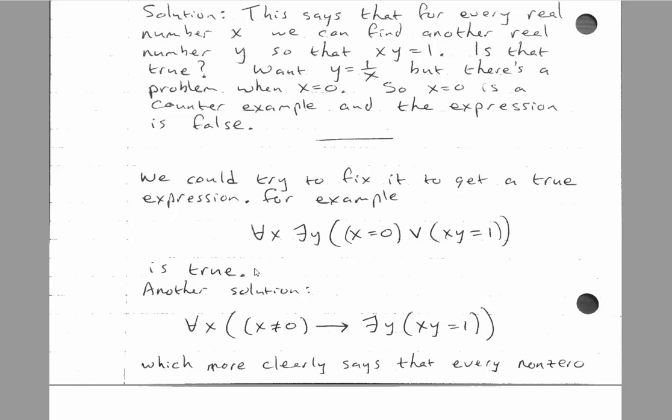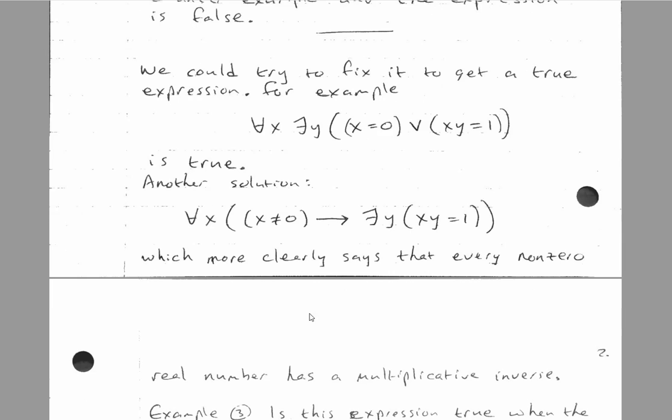Or, yeah, a more complicated way to make it always true: for all x, x not equal to 0 implies there exists a y so that xy equals 1. Yeah, so this is more complicated, but maybe a clearer way to say that every real number has a multiplicative inverse.